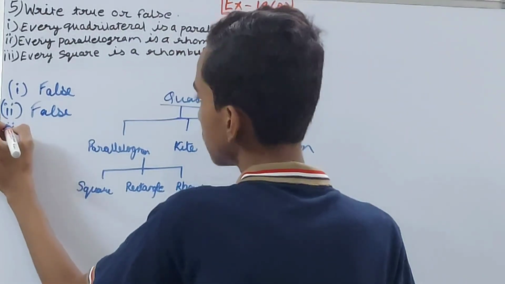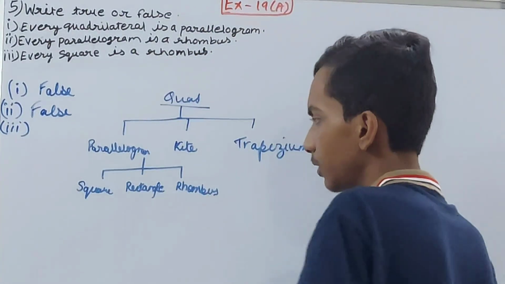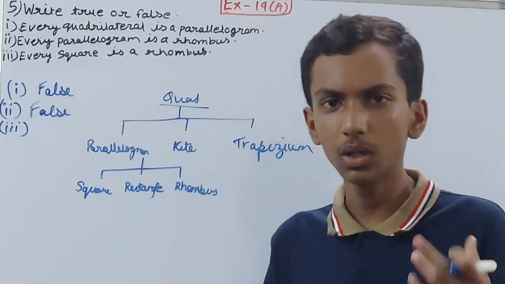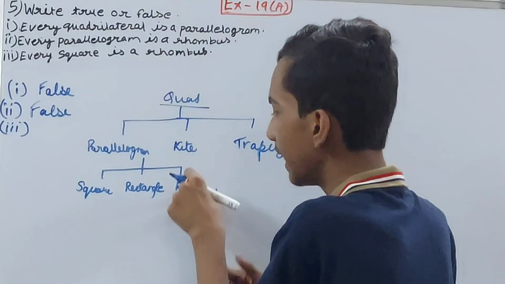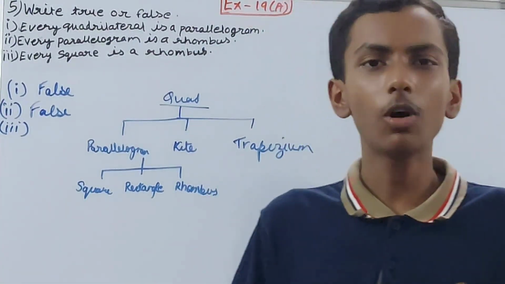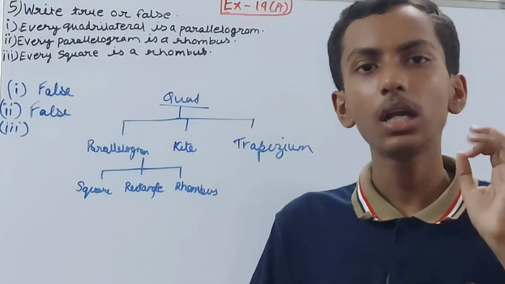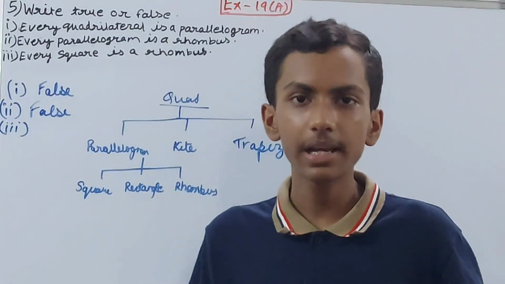Then, every square is a rhombus. Every square is a rhombus or not? Basically the properties of a rhombus tell us that all the four sides are equal. What does the property of a square tell us?